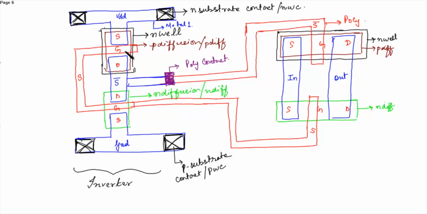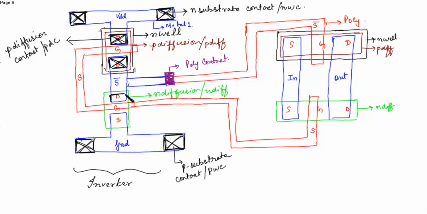Now after placing the substrate contacts, you have to place the diffusion contact. That is a connection between the P diffusion and the metal here. So place a P diffusion contact. This is the N diffusion layer. So this is the P diffusion contact or the PDC contact.